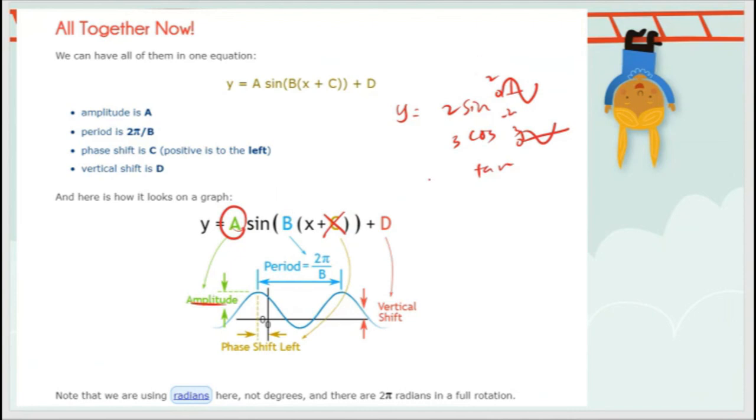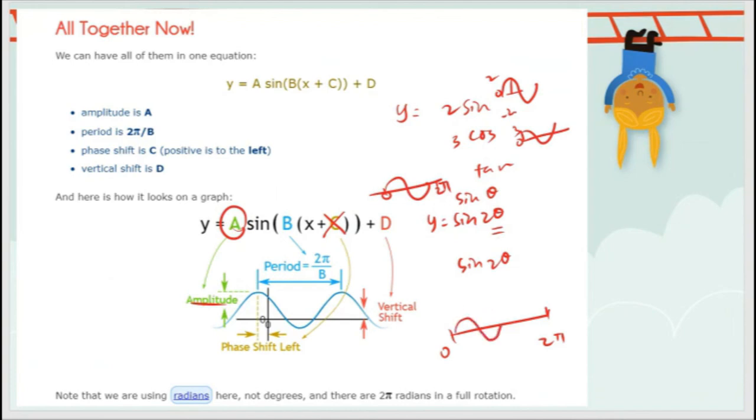For example, y equals sine 2 theta. What does 2 theta mean? Sine theta means one circle, 0 to 2 pi radian. Then how about sine 2 theta? Between 0 to 2 pi, it will have 2 cycles. One time, two times. So in the period of 0 to 2 pi, it will have 2 cycles.